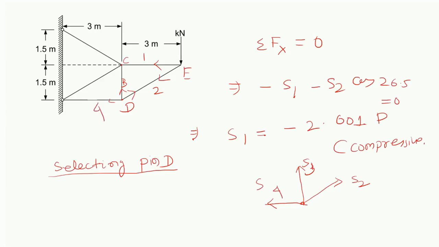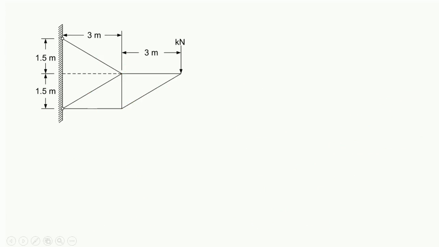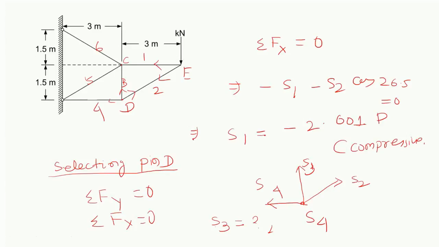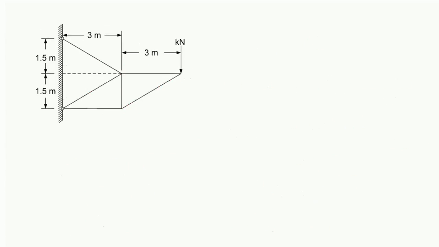This is 5. This is 6. Just apply the same thing. Summation of Fy is equal to 0 and summation of Fx is equal to 0. You are going to find out S3 value and S4 value. After that you have to go for selection of another point, that is known as the point C, this one. Pin or point C.